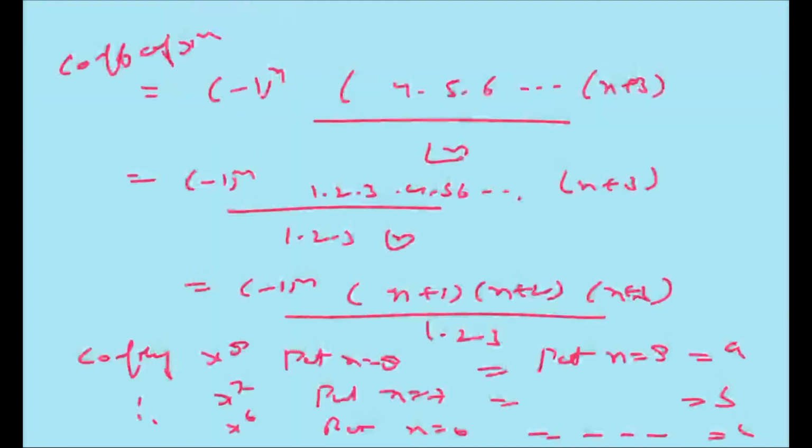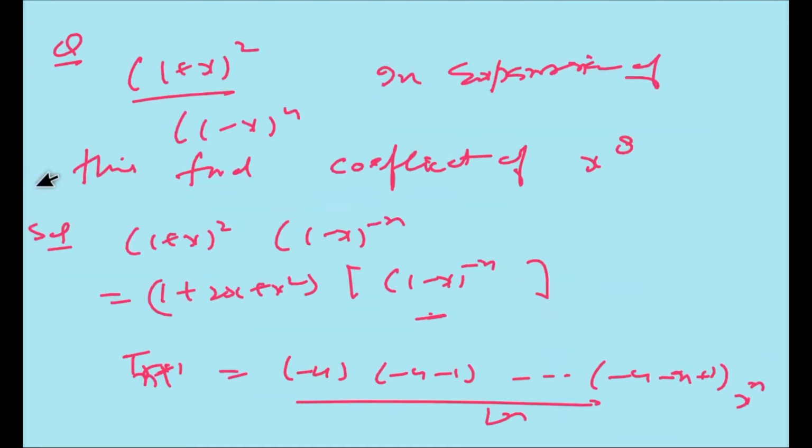Answer will be 1c, and you can see here 1 is the coefficient of x to the power 8, here the coefficient of x to the power 7, here the coefficient of x to the power 6.